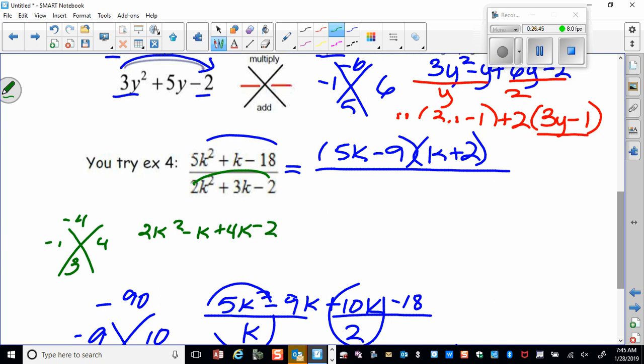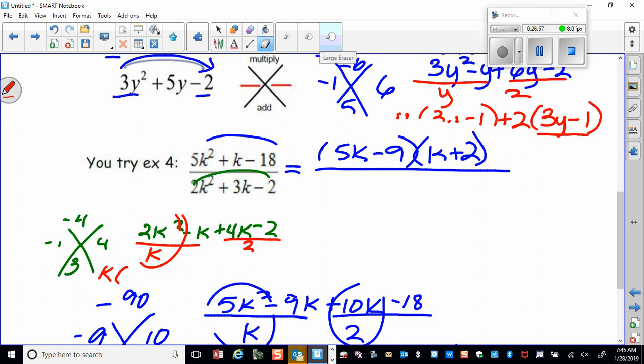All right, and now I'm going to look at the GCF of each of these. These both have a k, and these both have a 2. So the k comes in front, and then I divide. That gives me k minus 1.